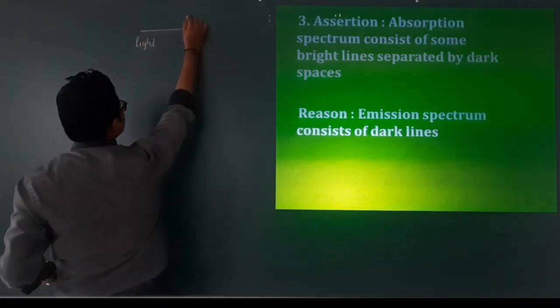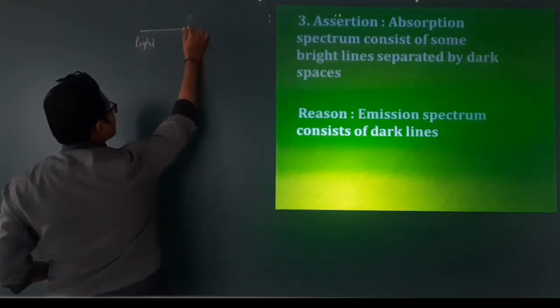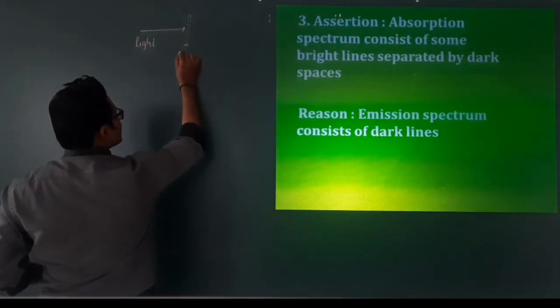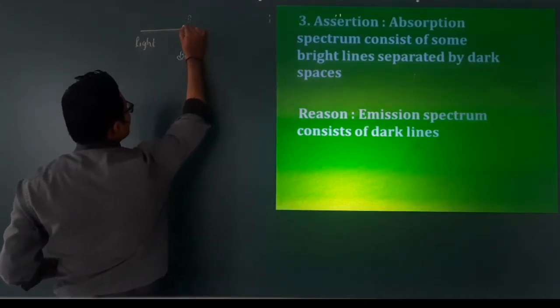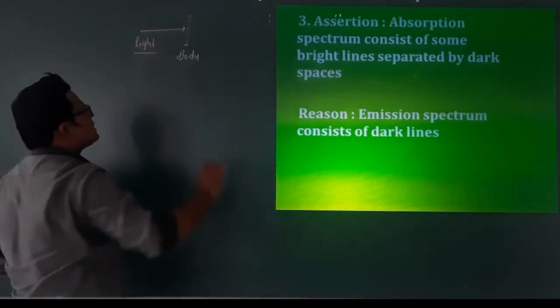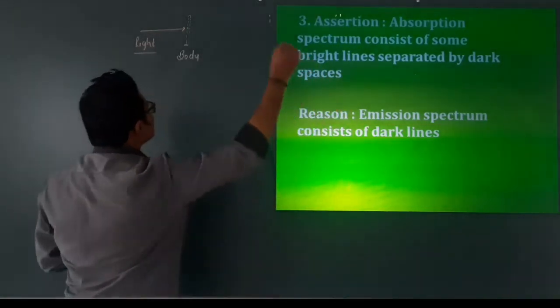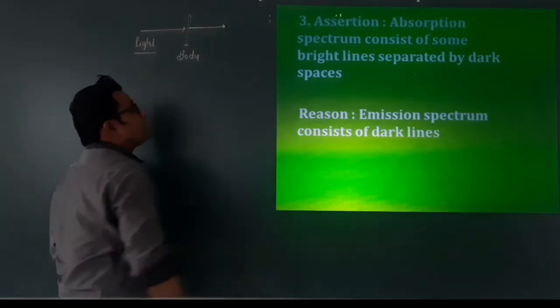Let's say there is a simple red color plastic kept here. This is a body which is going to absorb a few radiations from the light. It absorbs a few wavelengths and then emits the rest of them.